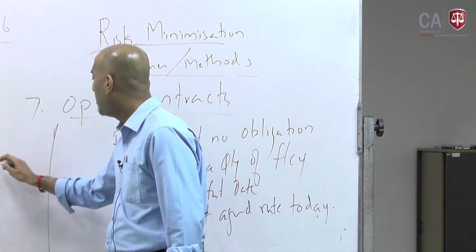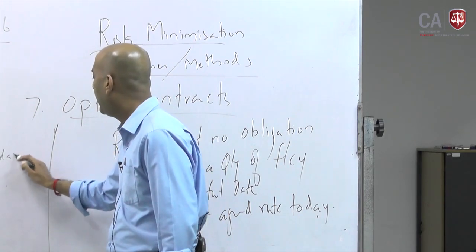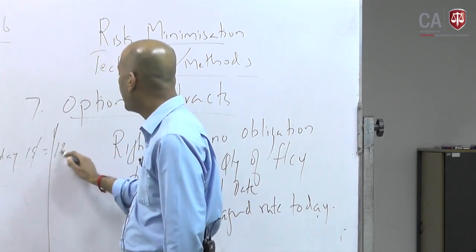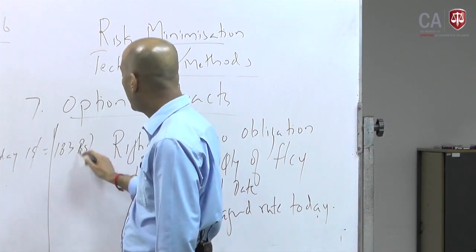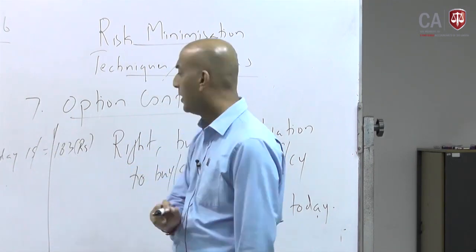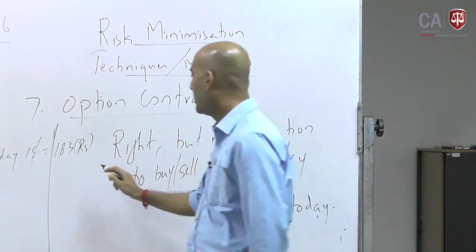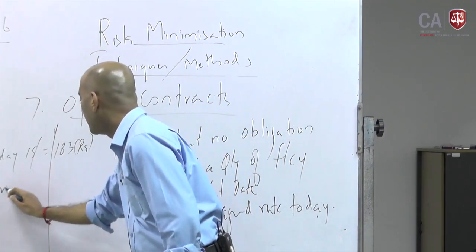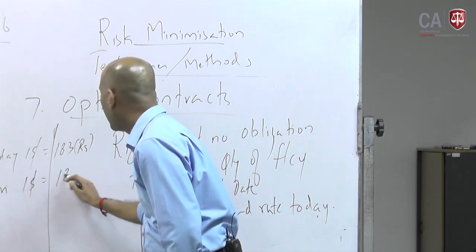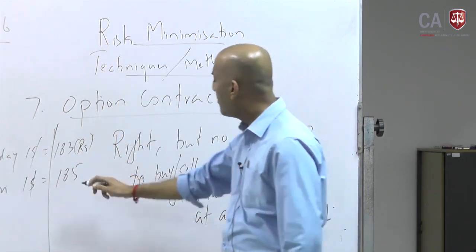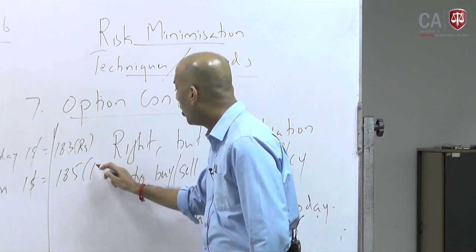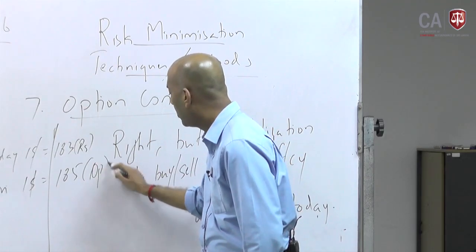We say today's rate is $1 equals 183 rupees. 183 rupees, $1 today. In 3 months' time, $1 is 185. So this 3 months' time 185 is your option contract rate.